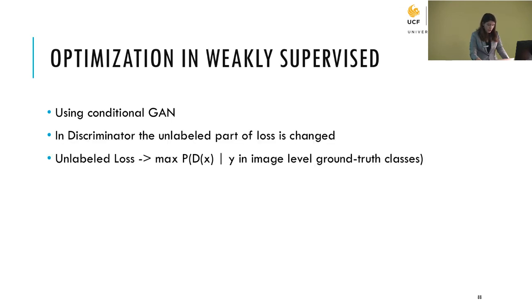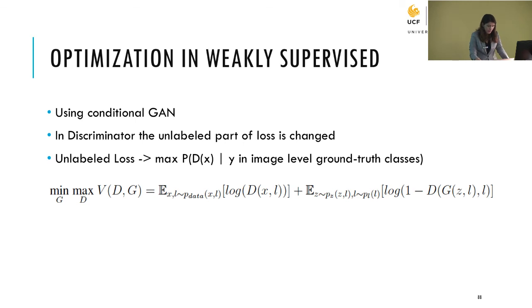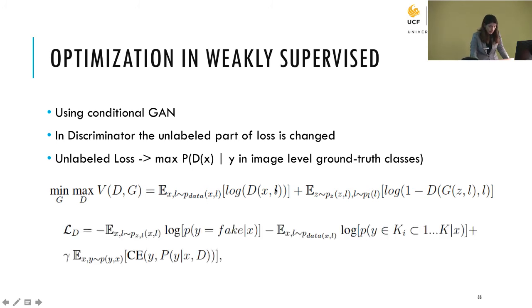We have this conditional GAN, and we change the formulation. We have the extra information L here in conditional GAN, which is a class label. And in the discriminator loss, now we have the classes. So here we say we should have only those classes in the unlabeled data. The rest is the same.